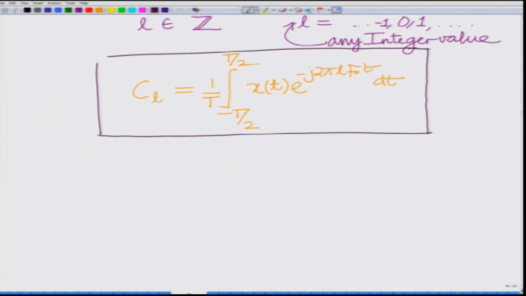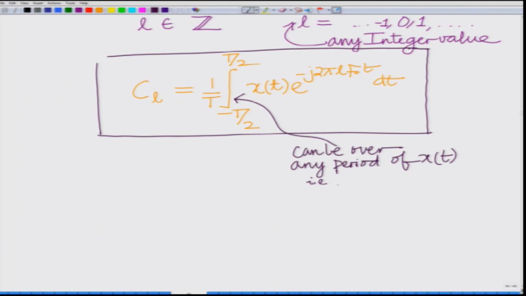So, this integral can be over any period, because after all the signal x(t) is periodic.